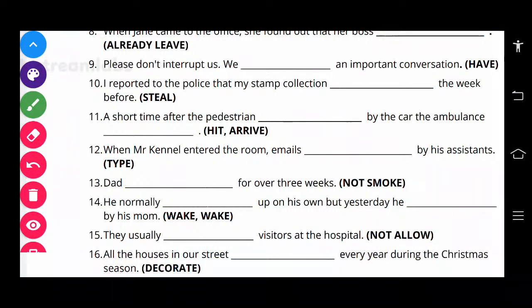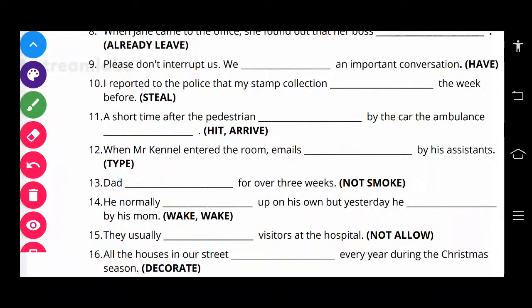So are you all clear? Are you all with me? Sucharita, try to answer. Sucharita, tell me what is the correct answer for the 11th one. So for the 11th one I told, as it expresses two completed actions in sequence, the earlier action has to be expressed by using had plus V3, and the second completed action has to be expressed by using the second form of the verb.